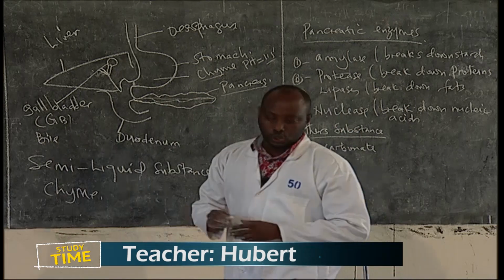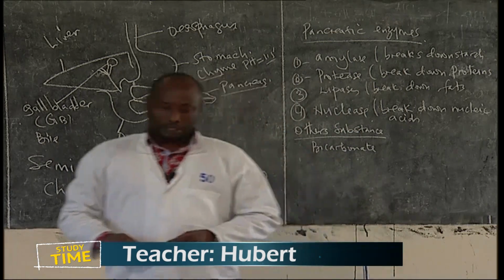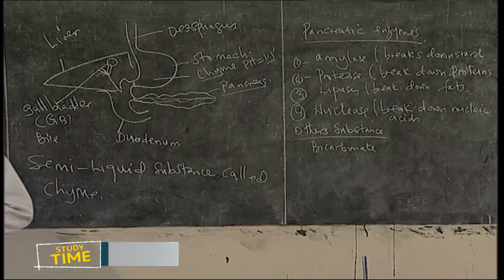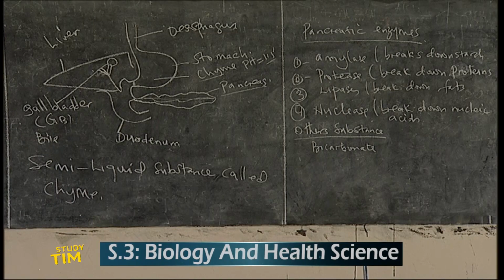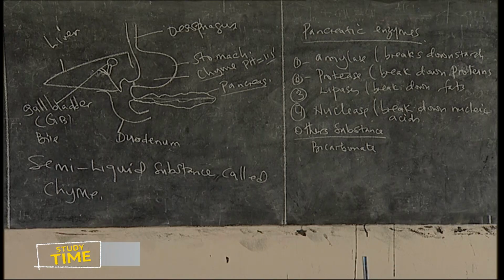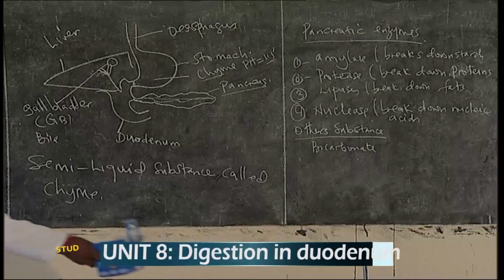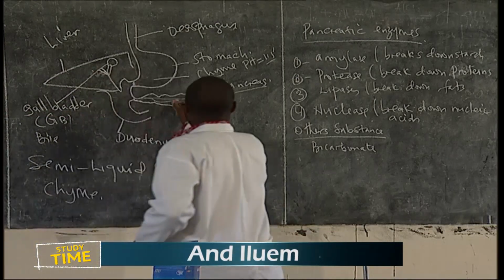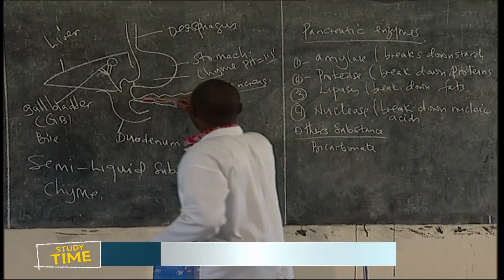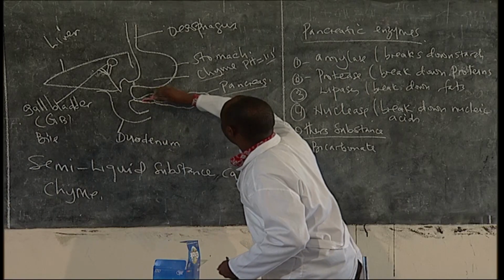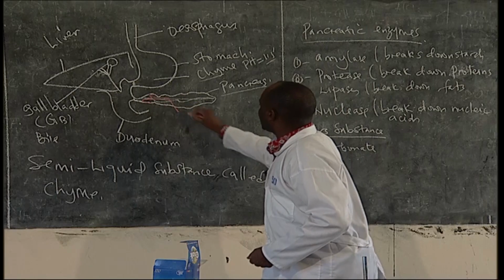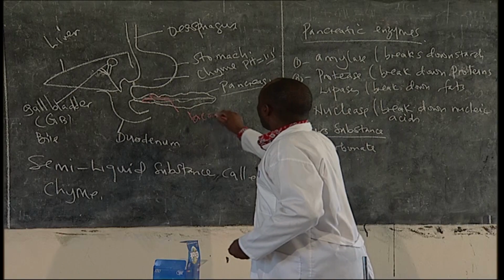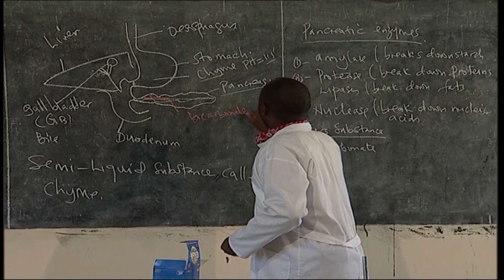I can try to show you. Let me get a piece of chalk. This is the diagram showing that the pancreas is going to release some enzymes and also release bicarbonate, which is very important.